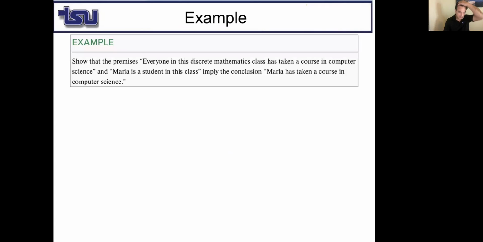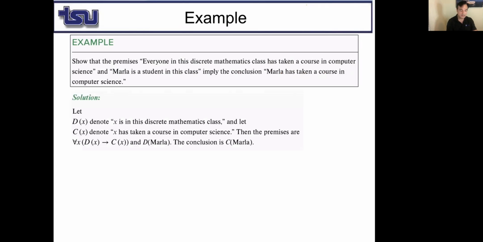Okay, let's talk about this. Show that the premises, everyone in this discrete math class has taken a course in computer science, and Marla is a student in this class, imply the conclusion: Marla has taken a course in computer science. Actually, it's pretty simple. Let's say D(x) is x is in this class, and C(x) is x has taken a course in computer science.